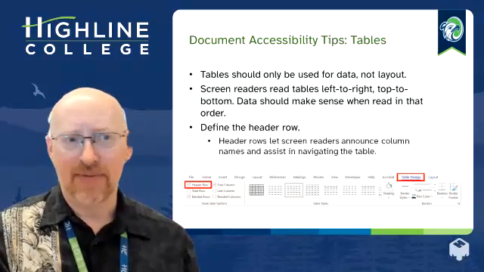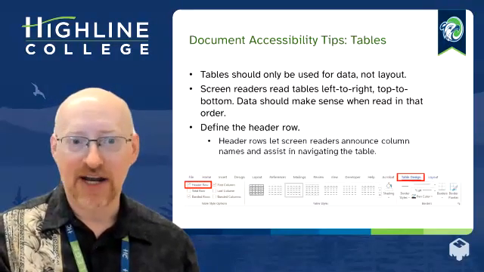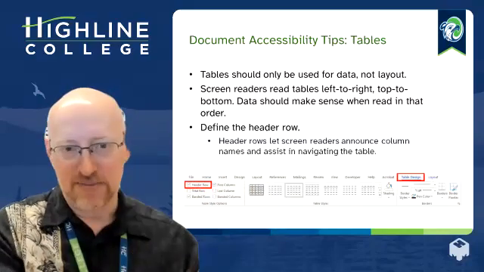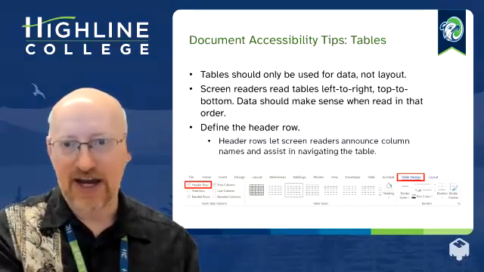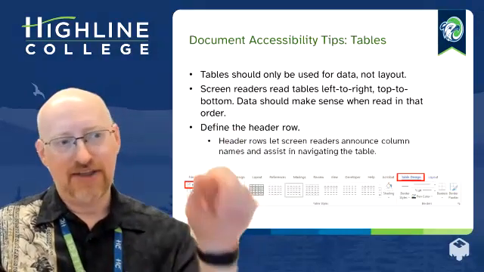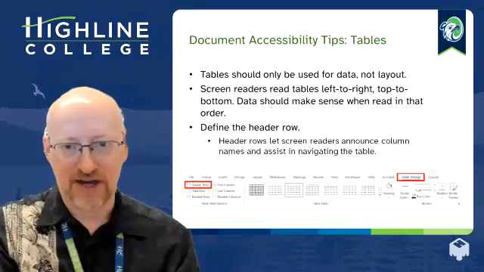One of the common areas I see this, and I actually just sent a video about this yesterday, you may have seen already, is in grading scales, where 90% to 80% is this grade, 80% to 70% is this grade, and so on. A lot of times we'll set that up in columns. So the first column is 90%, second column is 80%.